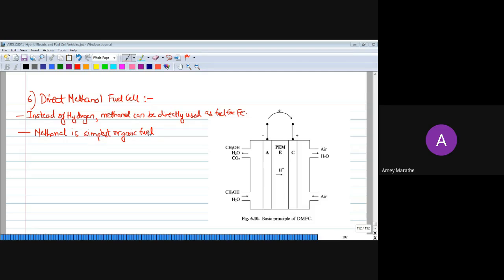Secondly, it is the most electroactive type of organic fuel. Thirdly, methanol is a liquid fuel. That is one very, very important advantage.